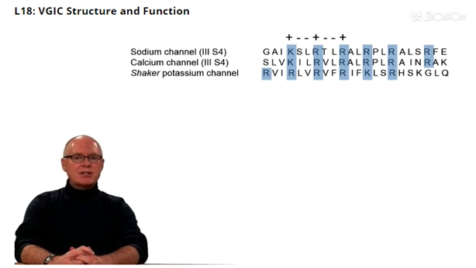The voltage sensor associated with the voltage-gated superfamily is highly conserved between species, as demonstrated by the alignment of amino acid sequence from the fourth segment of the third domain in sodium channels, calcium channels, and the Drosophila or fruit fly Shaker potassium channel shown at the top of this slide.